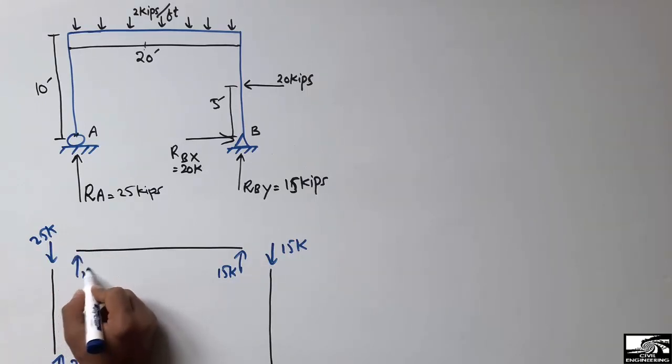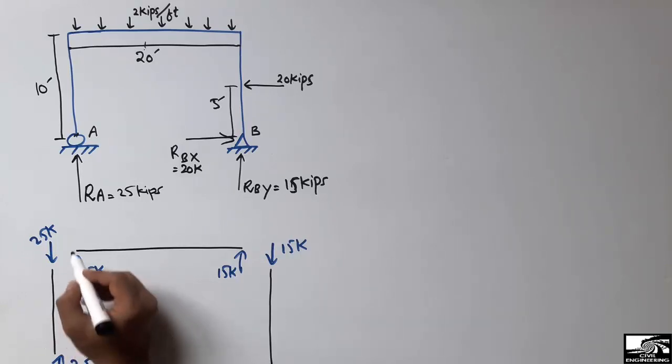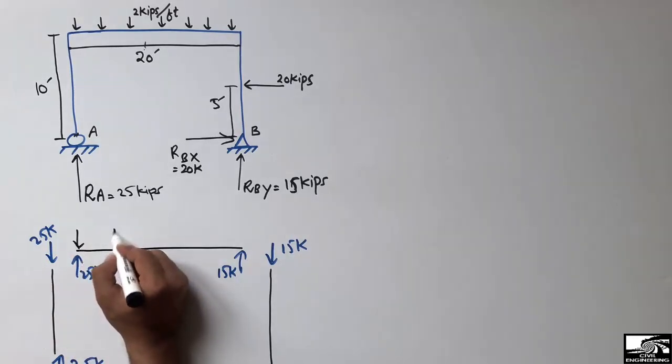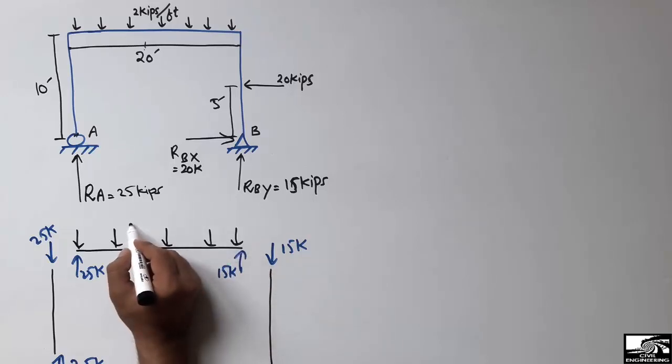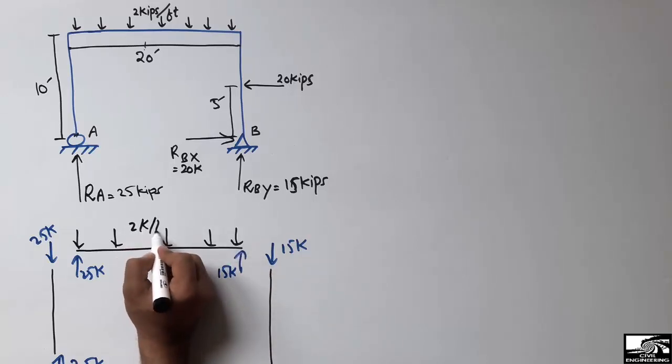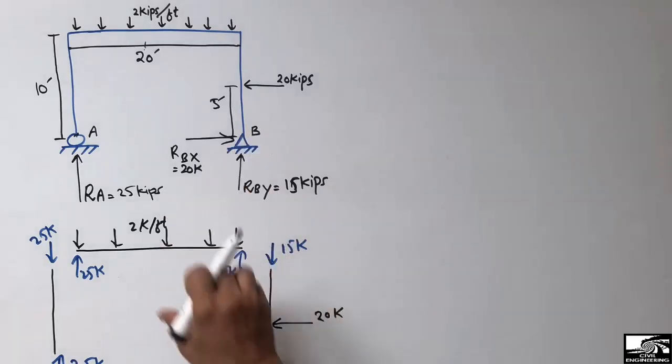Now it will be acting in the upward direction. So these are the reaction forces, while the 2 kip per foot is acting in the downward direction as the external load. And this is also one of the horizontal loads, a lateral load acting on the column, 20 kips. So this is a simple free body diagram of this frame.